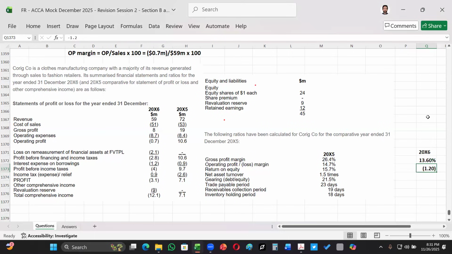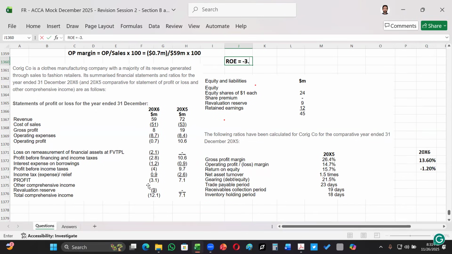This one is negative 1.2%. And then we have this return on equity. So the formula for return on equity is we have the equity provided to us. The return is negative. We see that the profit that is available to the equity is 3.1.